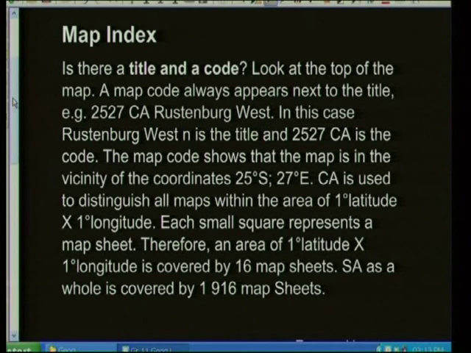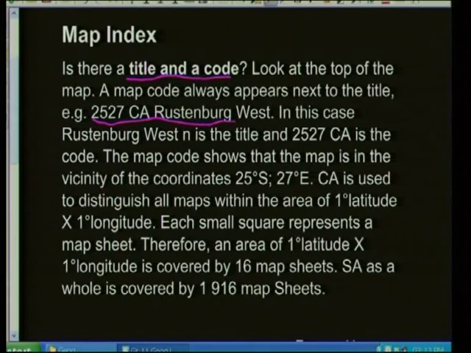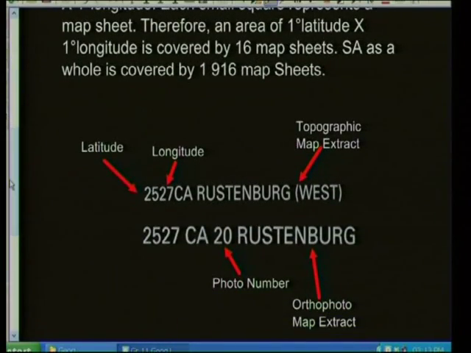Map index, also known as map code. It's found at the top of the map. I'm going to give you an example of the one from Rustenburg West. Now what does this mean? The 25 is the latitude.